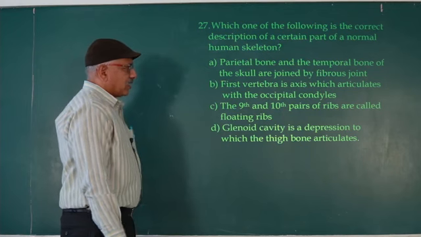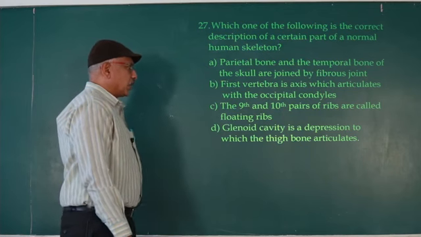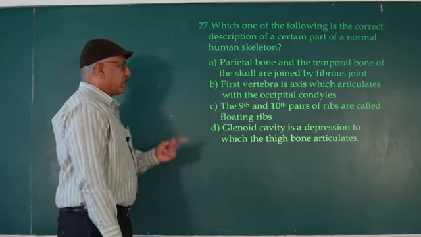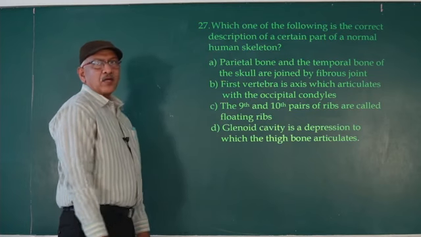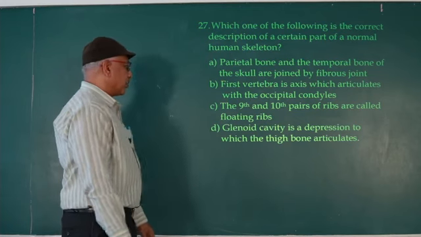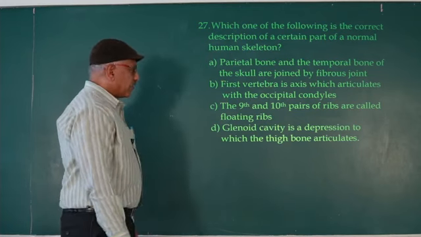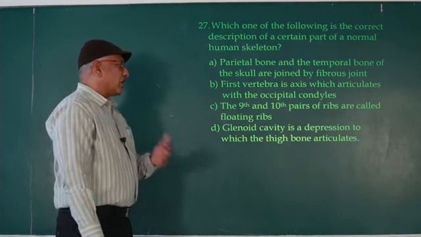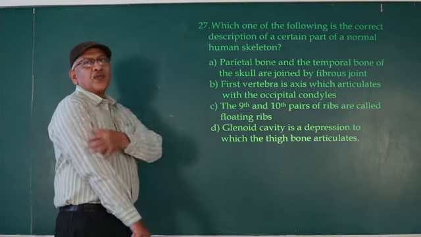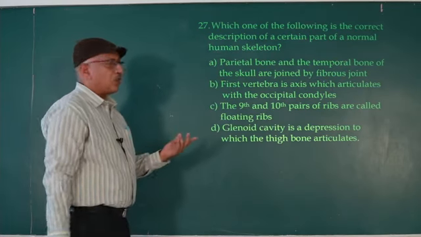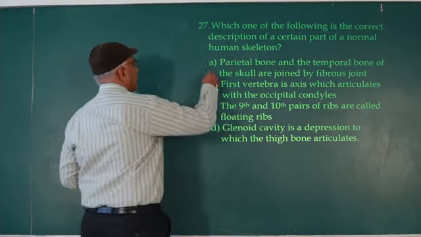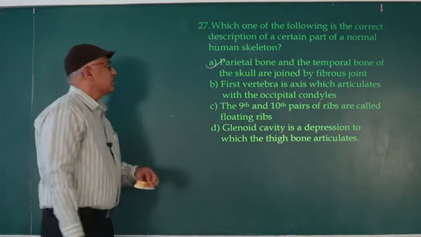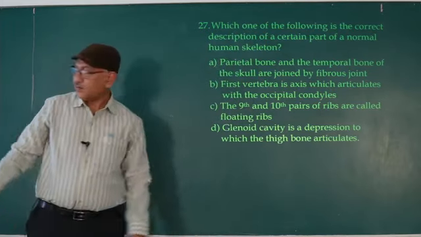The 9th and 10th pair of ribs are called floating ribs, wrong. 8th, 9th, 10th are known as false ribs or vertebrochondral ribs. Glenoid cavity is a depression to which the thigh bone articulates, wrong. Glenoid cavity is a depression to which the head of humerus articulates. So only first one is correct. A is correct.